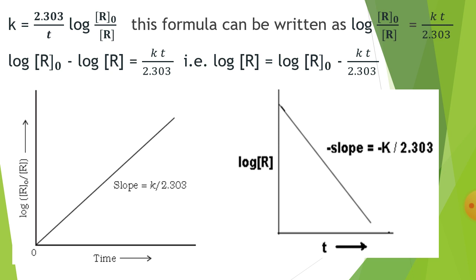If we plot a graph between log R naught by R versus time t, this is y equal to mx, that is, no intercept is there, hence the graph passes through the origin. So look at the first graph, log R naught by R versus time. The graph passes through the origin having a positive slope, equal to K divided by 2.303.